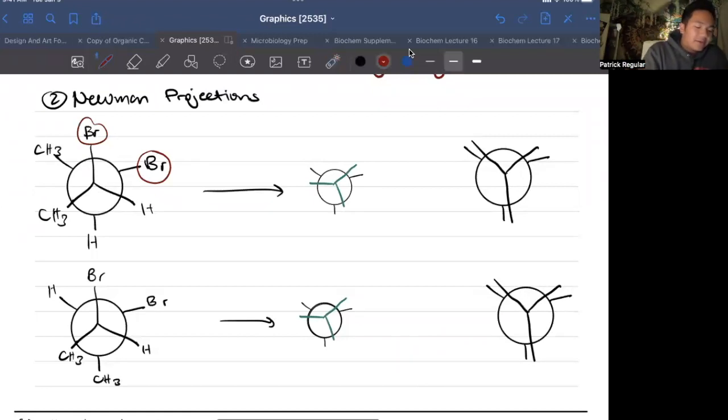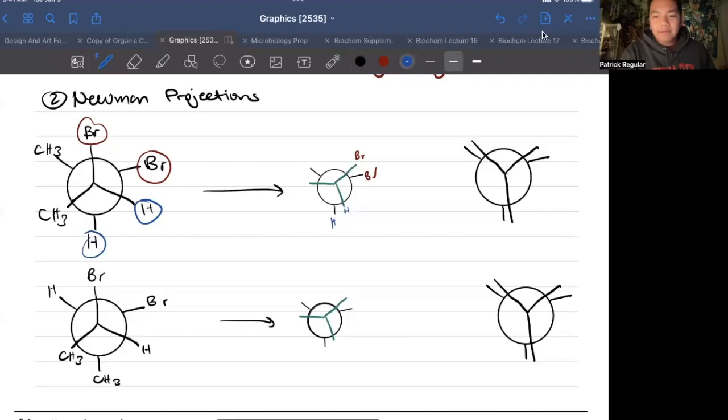So let's run it back. These Brs, let's start rotating them 60 degrees so that they're aligned. So Br, these Hs. Okay, sorry about that.